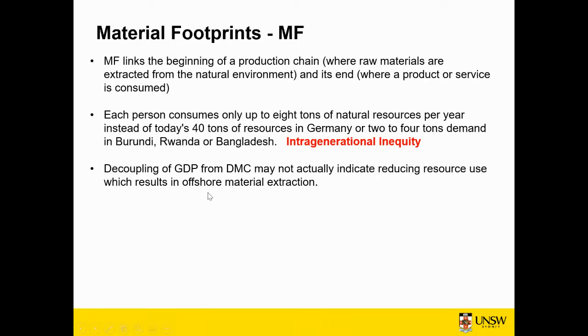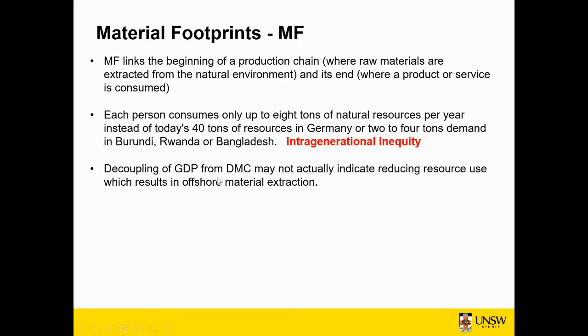So again, we are talking about decoupling, right? But as we discussed before, if we look only at consumption, we may not reflect all of the things because we are not looking at, first, the hidden flows and, second, what happens in other countries.